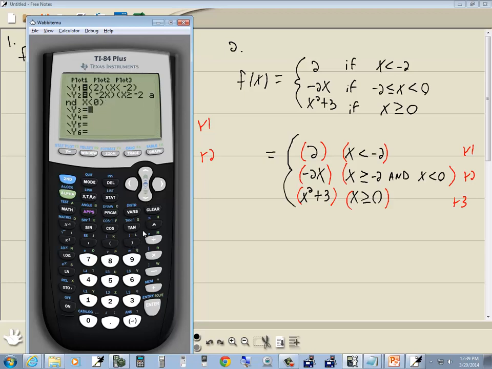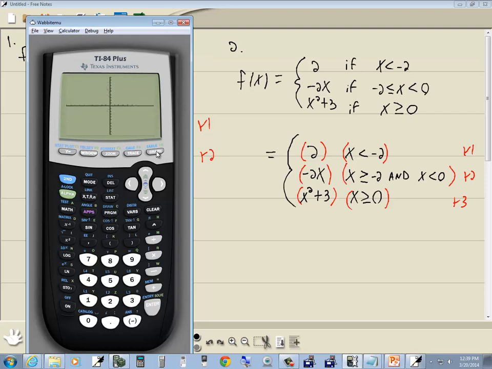And then I'll down arrow here, and I'll do a beginning parentheses, x squared plus 3, closing parentheses, beginning parentheses, x is greater than or equal to, so I go into second math. Greater than or equal to is my fourth one, 0, closing parentheses, and then that's our 3 lines.